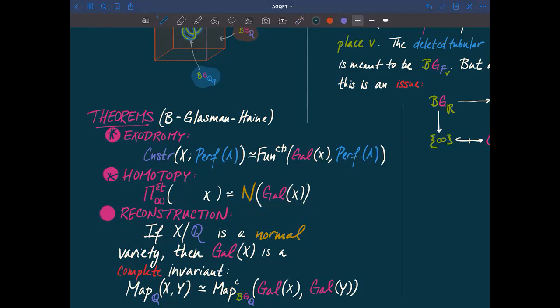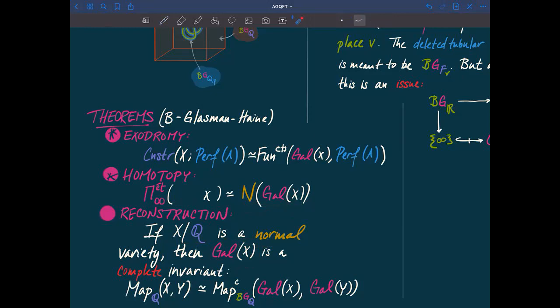And then the final main theorem of the book is that there's a reconstruction theorem for lots of varieties. So this Galois category, which is relatively simple, is actually a complete invariant of normal varieties over Q. And when I say complete invariant, I mean both for morphisms and for objects.